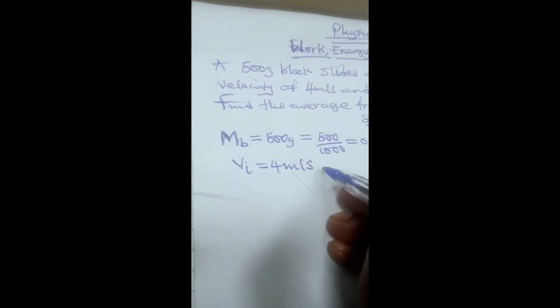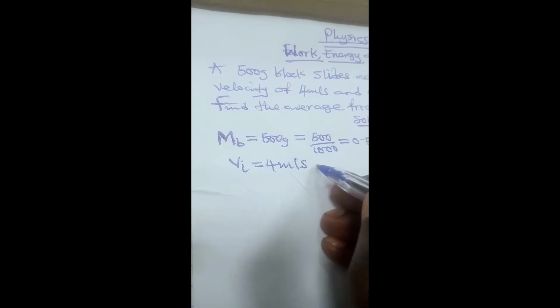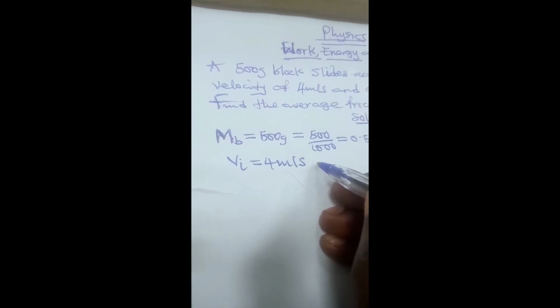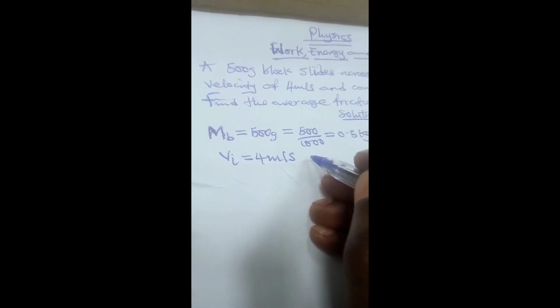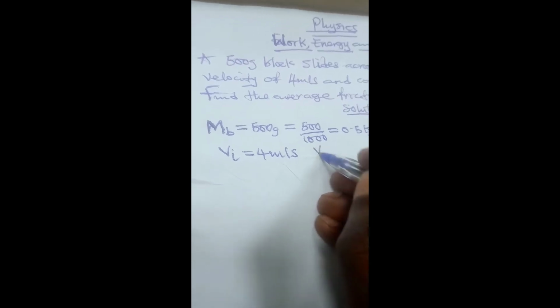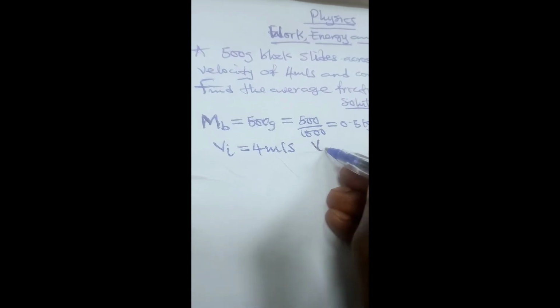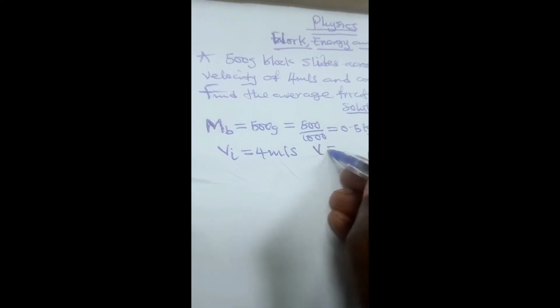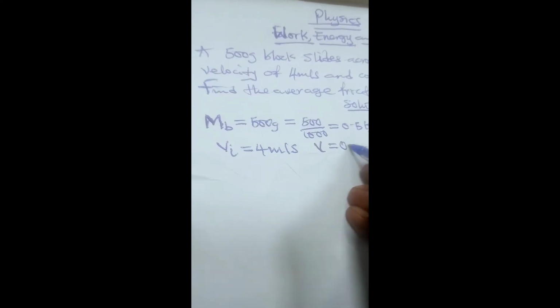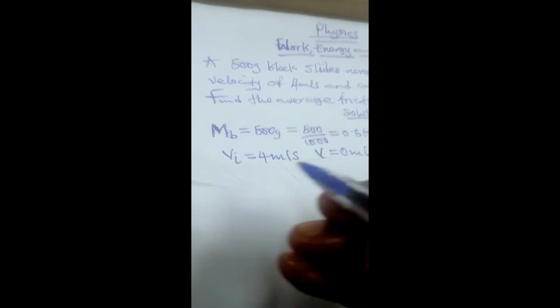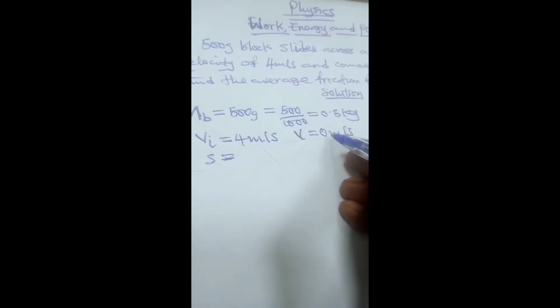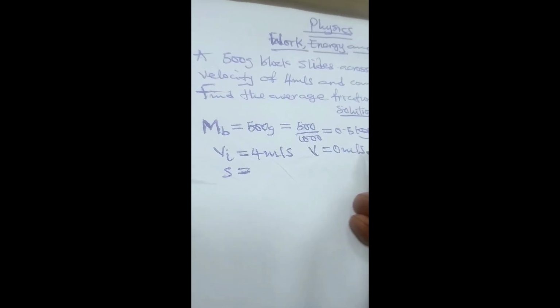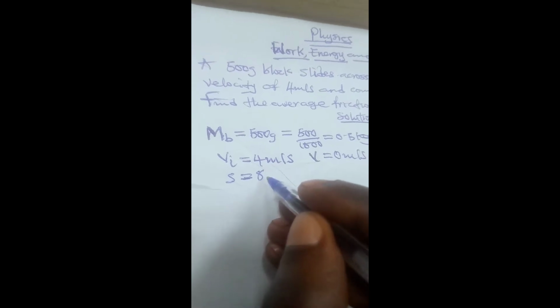So we are given the initial velocity, V of I, which is equal to 4 meters per second. Now, the block comes to rest, meaning the block attained its final velocity, which is 0. Let's make the final velocity V, which is 0 meter per second. It attained this velocity of 0 meter per second at a distance of 8 meters. So S is equal to 8 meters.